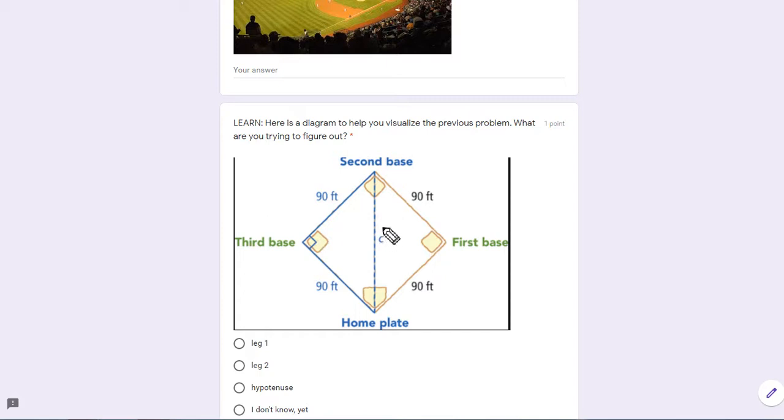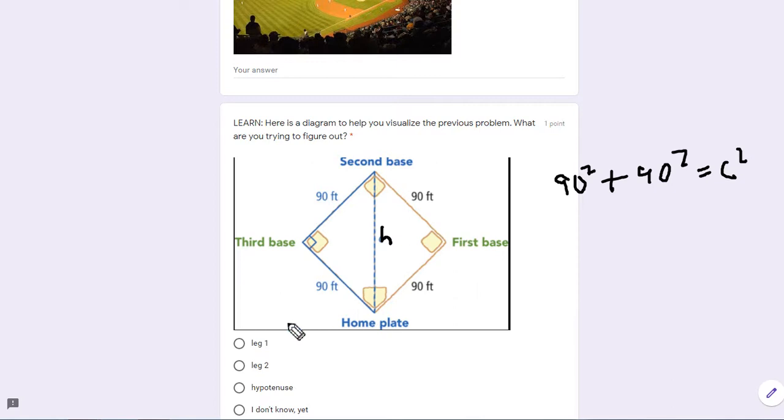So your c is right here, which is your hypotenuse. So it should be set up as 90 squared plus 90 squared equals c squared.